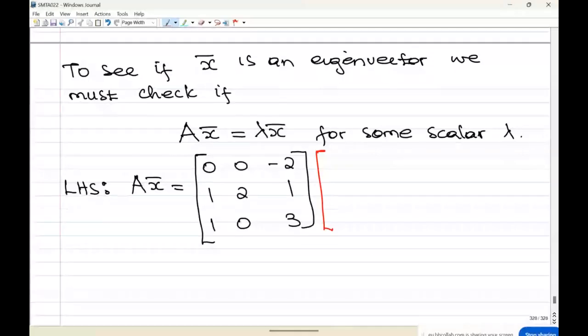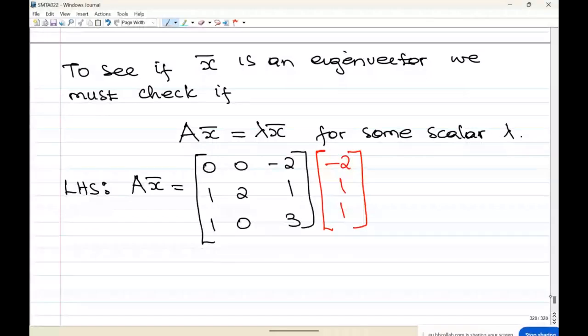After you do that, let's multiply and see what we are going to get. Are you still there, colleagues? Yes, sir. Okay. Let's put minus 2, and then 1, and then 1. Is it fine? Yes.